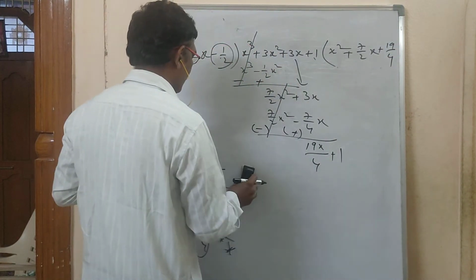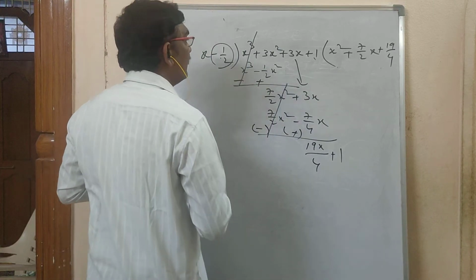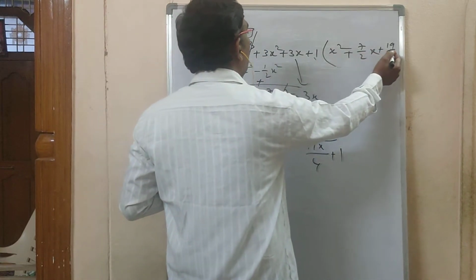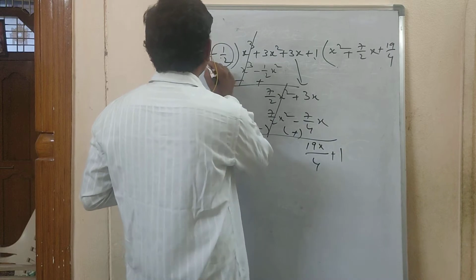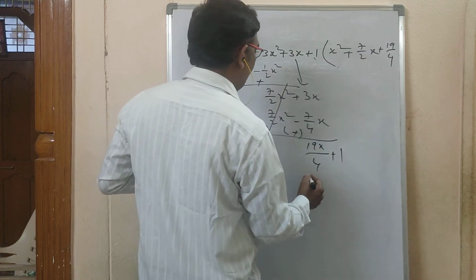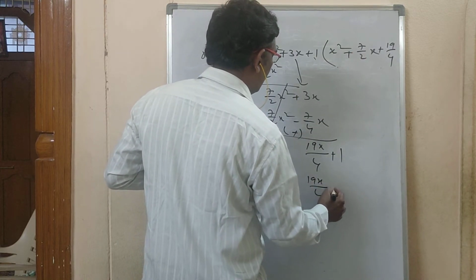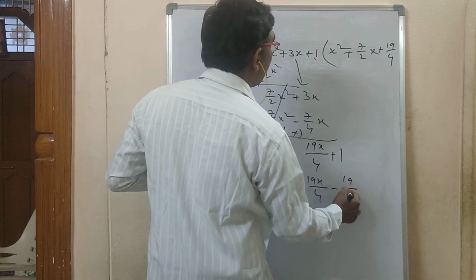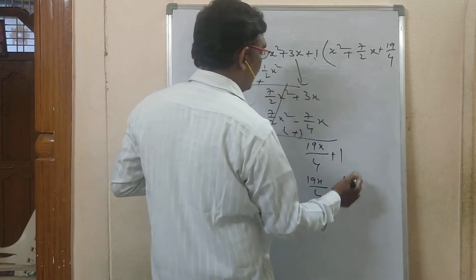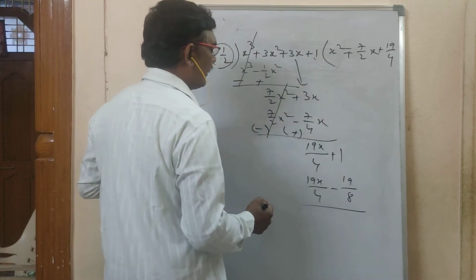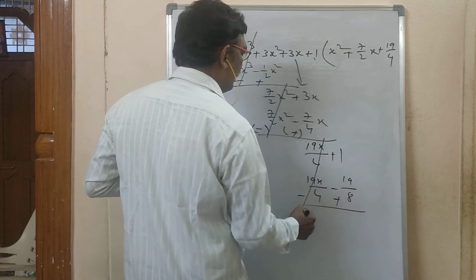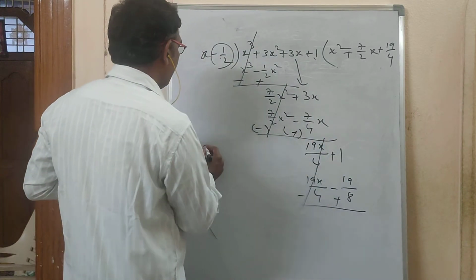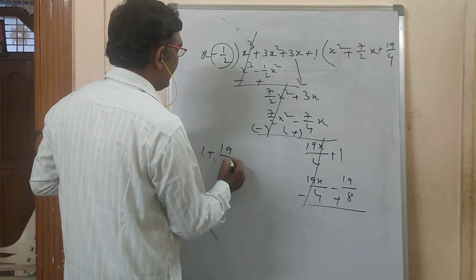So here these two should be multiplied with 19 by 4. What are you getting? x into 19 by 4 is 19x by 4. Minus into plus is minus 19 by 2 4s are 8. Now minus plus, these two will be cancelled. You have here 1 plus 19 by 8.